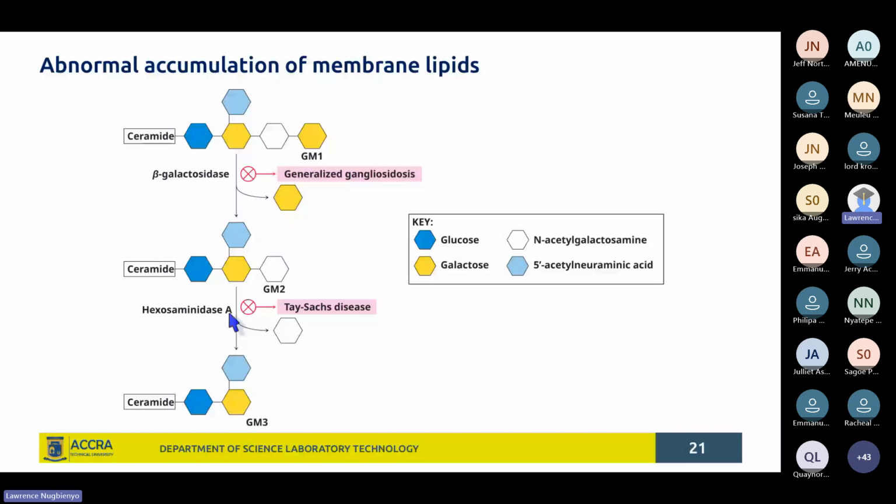And so if hexosaminidase A is deficient, there's going to be accumulation of the membrane lipid GM2, and that will result in Tay-Sachs disease, which is also one of these rare genetic conditions that affects the hearing and sight of children who are born with this condition.